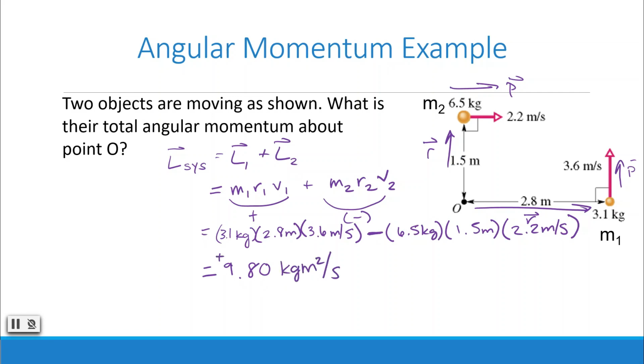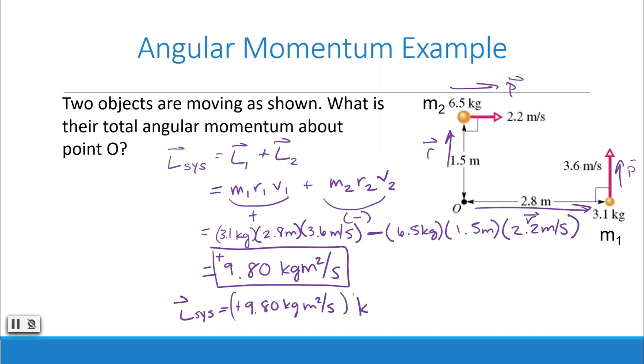It comes out as positive. So for my system, the best way to define this in 3 dimensions would be a positive 9.80 kilogram meter squared per second in the k-hat direction because it's coming out of the page.